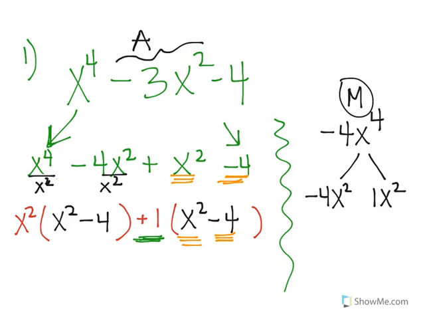So in our next step, we now have x squared minus 4 in both parentheses, which means it's our new GCF. So we bring x squared minus 4 down once, and then x squared plus 1 in the other parentheses. And then we want to ask ourselves, can any of these parentheses be broken down any further? And I do see that x squared minus 4 is a difference of 2 squares.